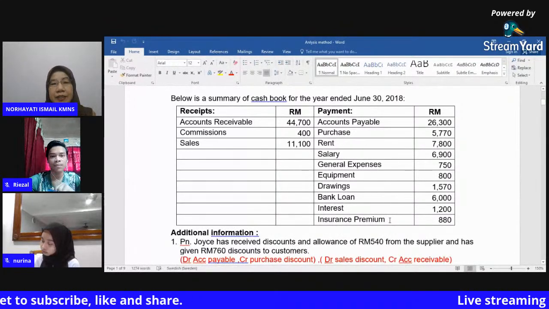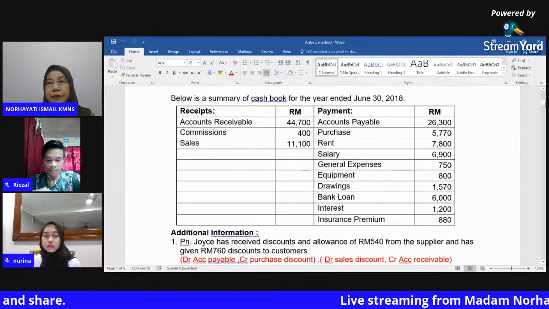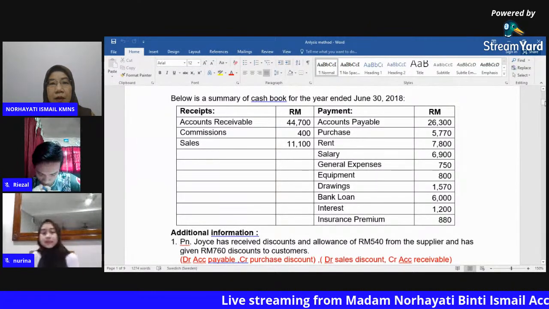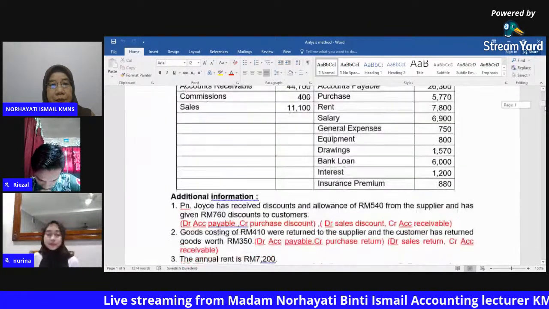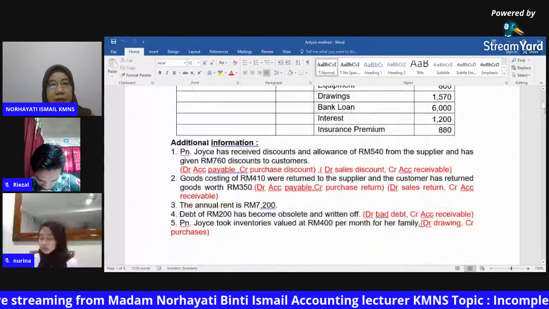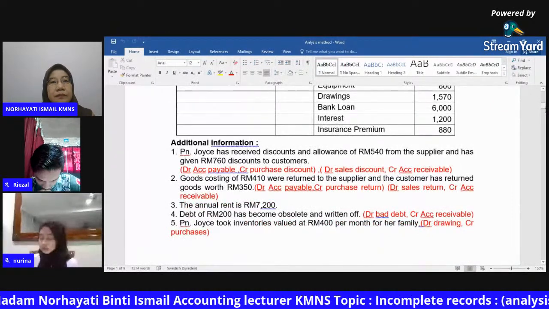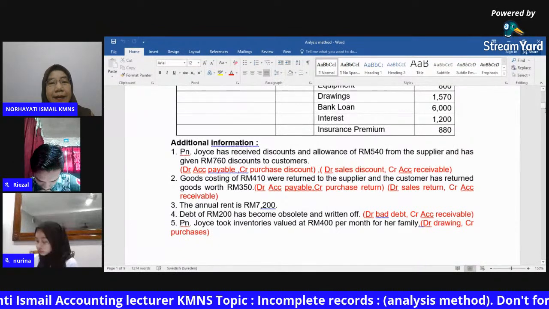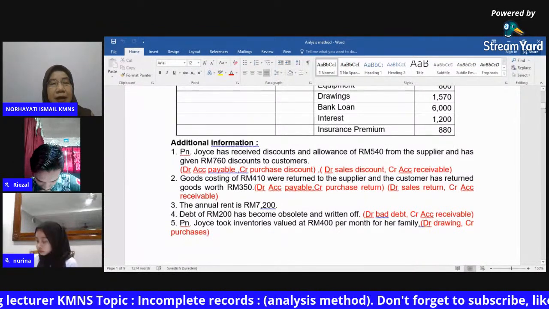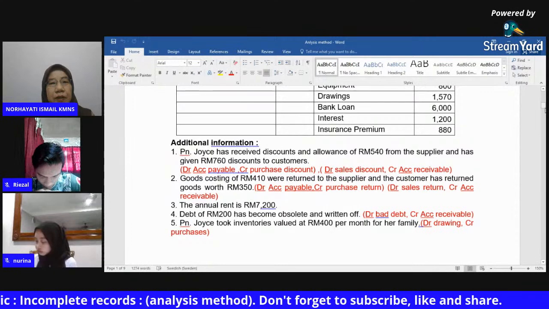So now we look at the additional information from the question. Number one, normally the additional information will give you about the bad debts, depreciation and sometimes the transactions that are not recorded yet.